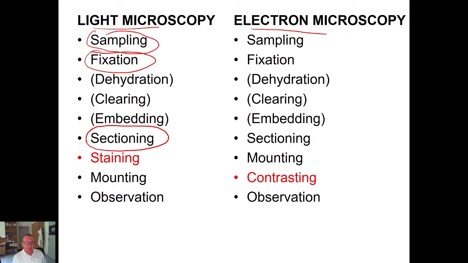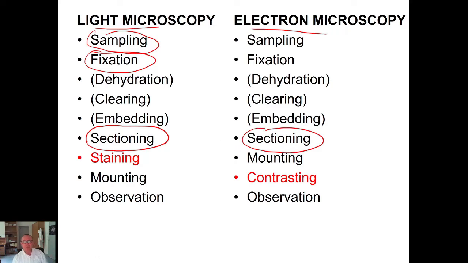In light microscopy, we can measure its thickness in micrometers. In electron microscopy, the specimen has to be thinner, in tens of nanometers. So you can see that sectioning is the last step which is really common for light and electron microscopy.